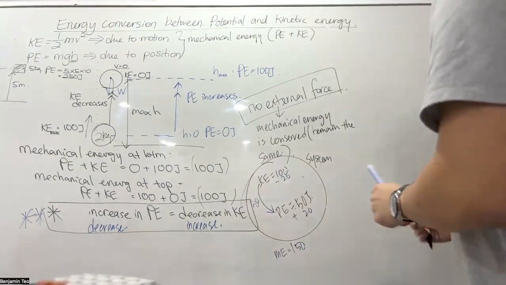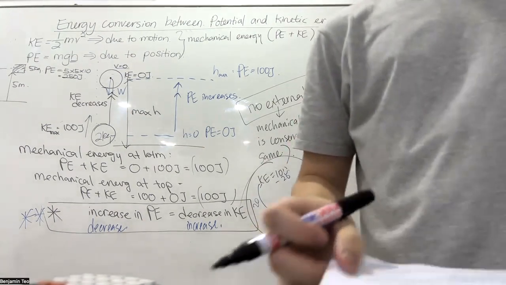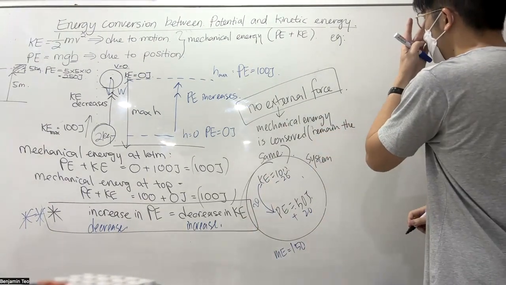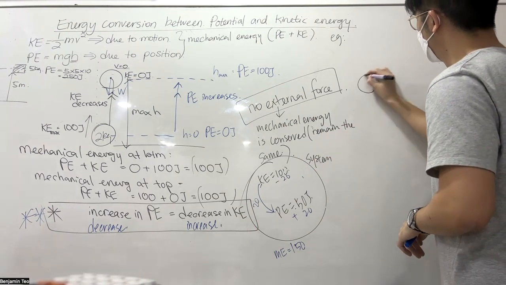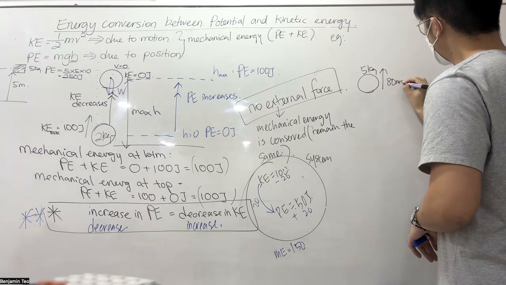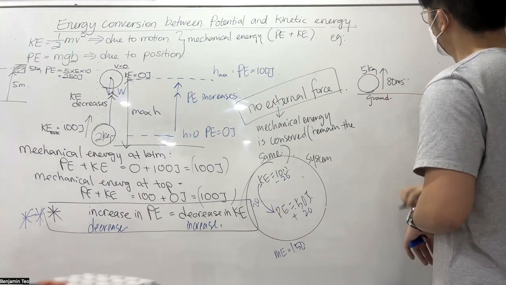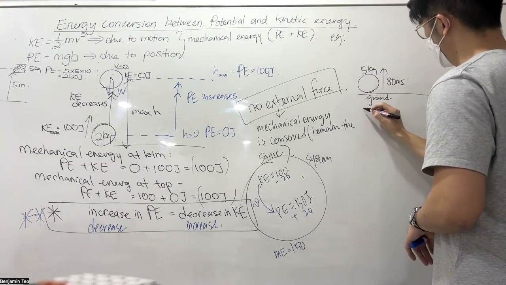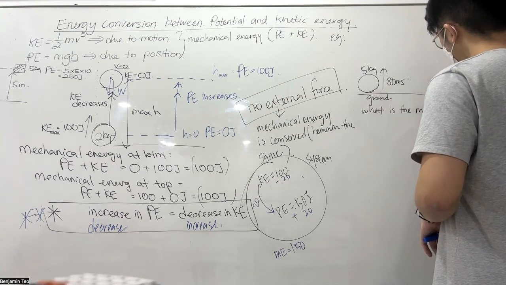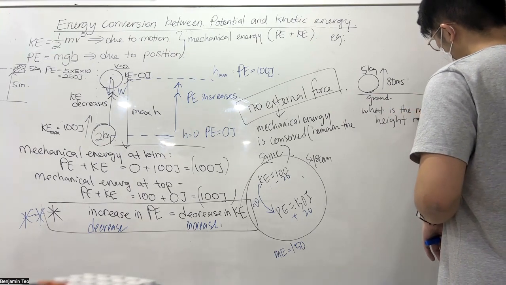I give you one example. You do it here. A five kg ball. I tossed it upward at 80 meters per second from the ground. What is the maximum height reached?